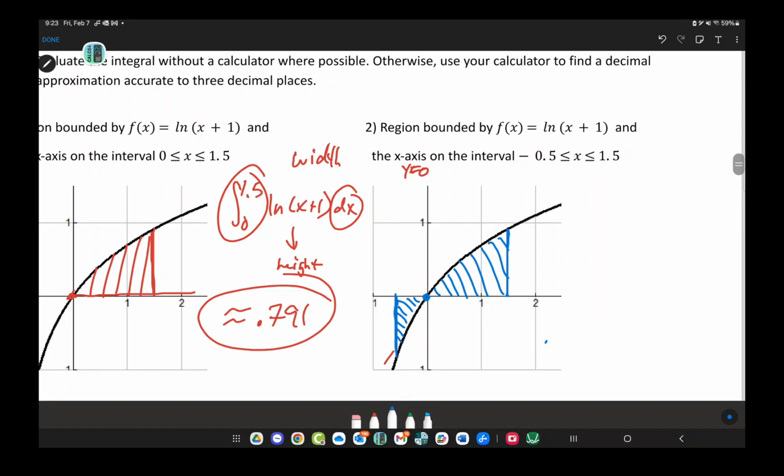Right here is where they change position, where y equals 0 is greater than y equals the natural log of x plus 1. So for this first integral, we're taking from -0.5 to 0, where it changes, of 0 minus the natural log of x plus 1. Then I'm going to add the integral from 0 to 1.5 of the natural log of x plus 1 minus 0.